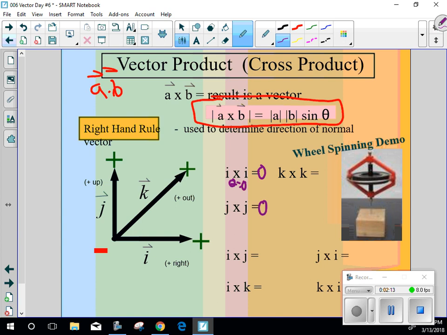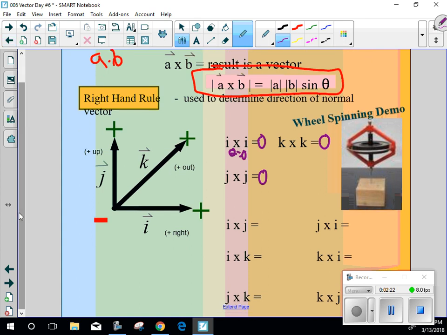What will K cross K be? 0. What will I cross J be? Now, I cross J is going to have an angle of 90 in between. So it'll be 1 times the sine of 90. And what's the sine of 90? 1. So this is going to be 1.